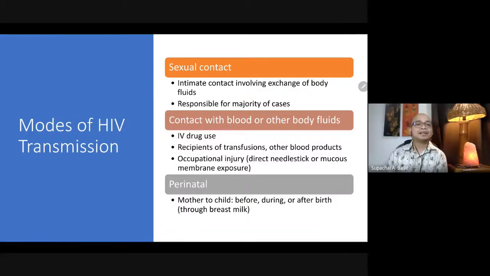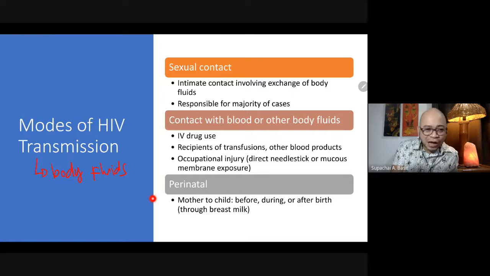Okay, so let's talk about the modes of HIV transmission. Basically, HIV is found in our body fluids. So if there is an exchange of body fluids, that is a very effective way of transmitting the virus.